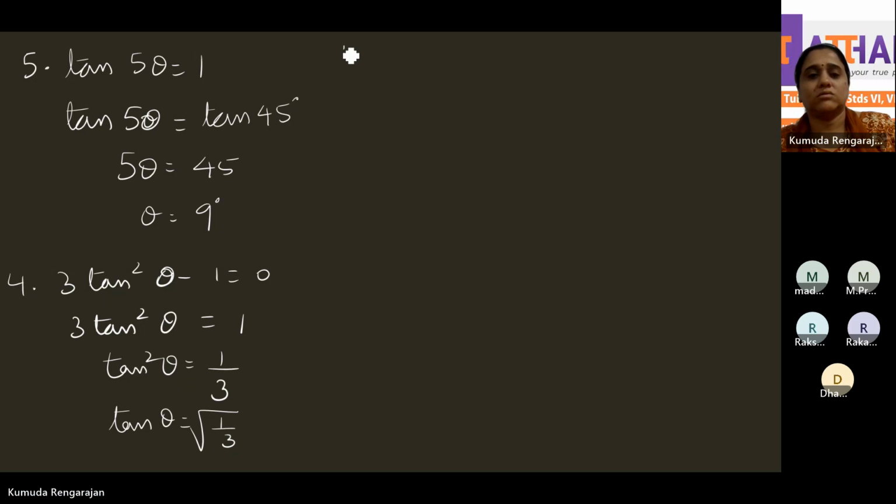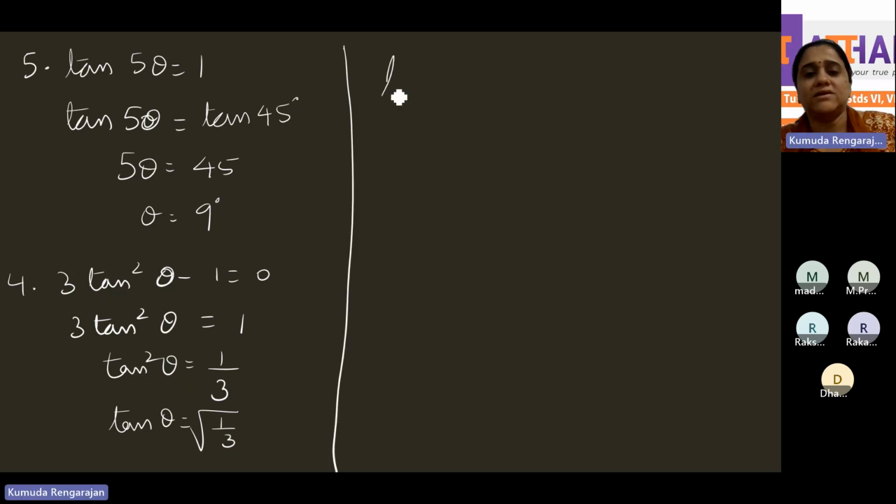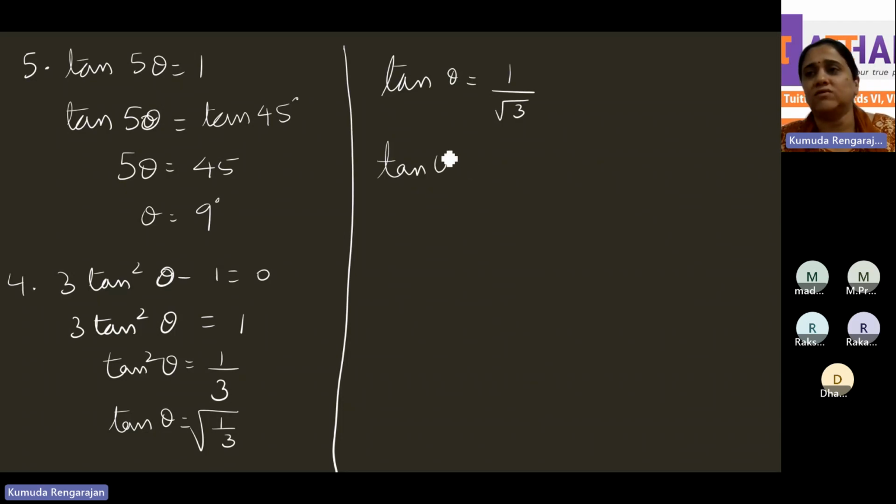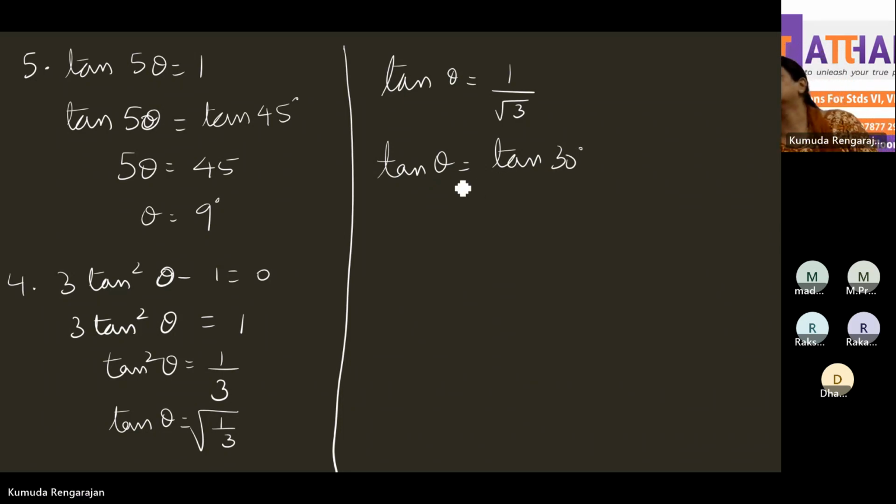So tan theta is equal to, what is root of 1? 1. And what is the square root of the denominator? The same thing. Now in the tan table, tan theta is equal to 1 by root 3 when it is tan 30 degrees. So now next step, theta is equal to 30 degrees. Very good.